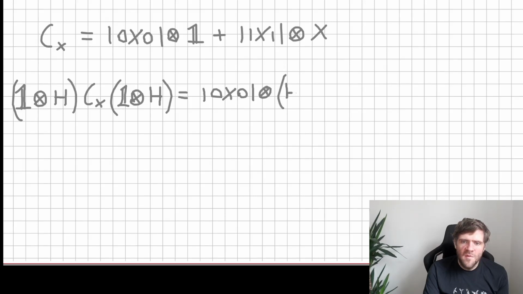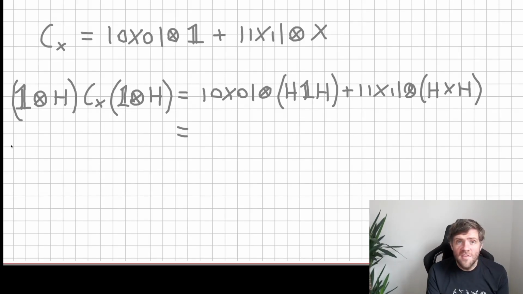But after, we would get H identity H, and we would get for the other term H X H. So what is H identity H? H times identity is just H, so H identity H is just H squared, and if you multiply that to itself, you'll find that this just comes out as the identity.